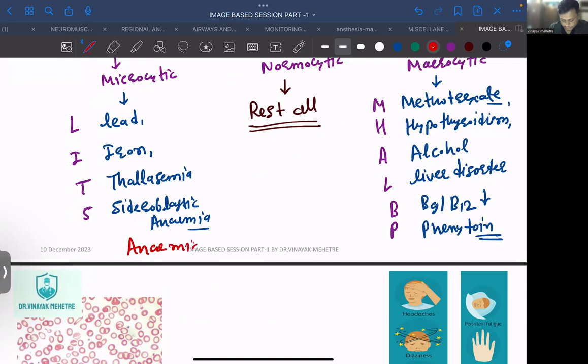Anemia of chronic disease causes normocytic first, then it will get converted into microcytic.